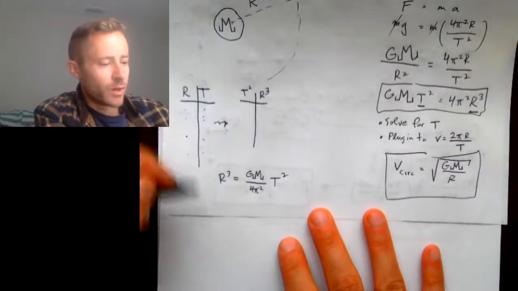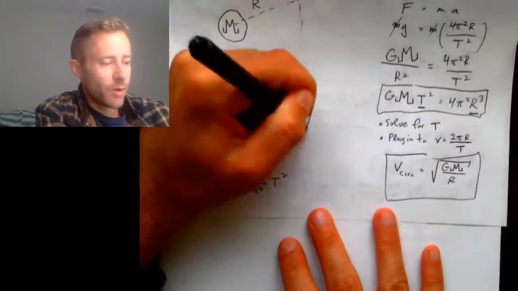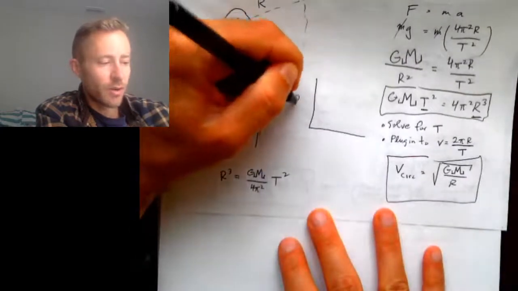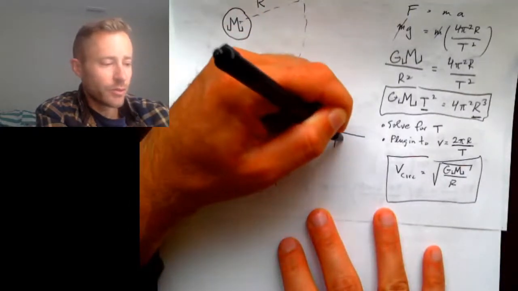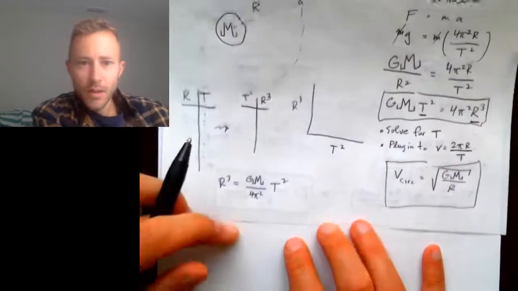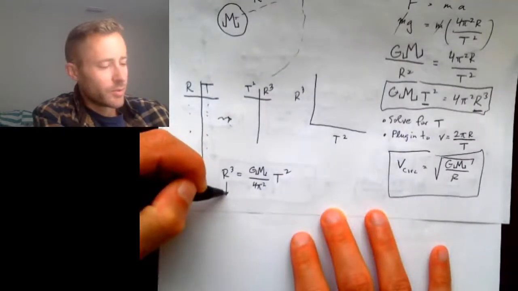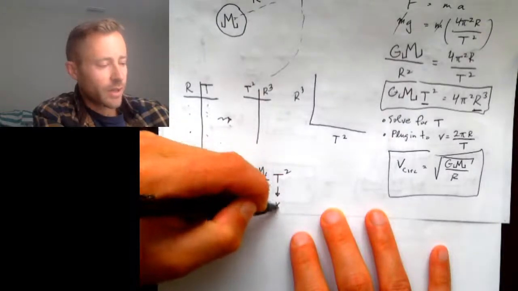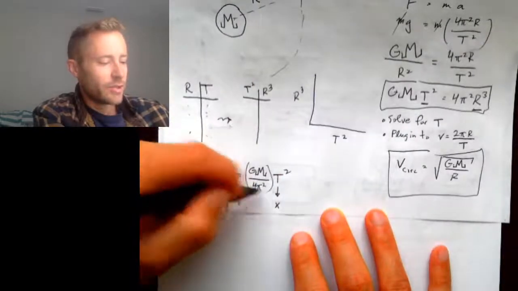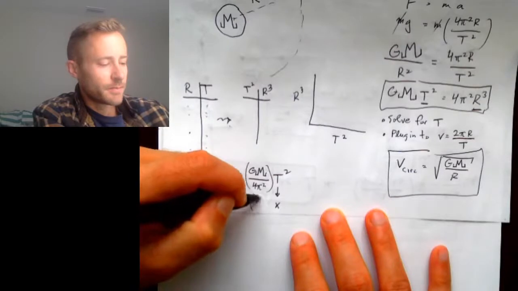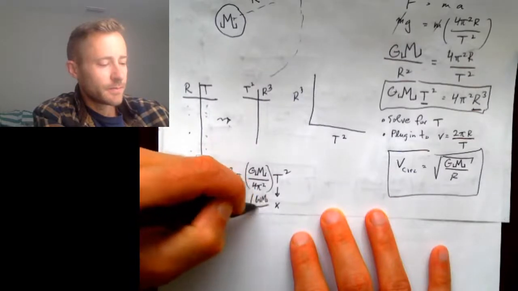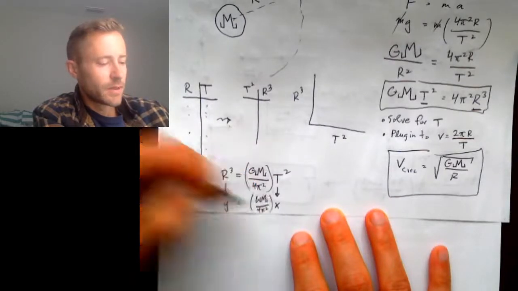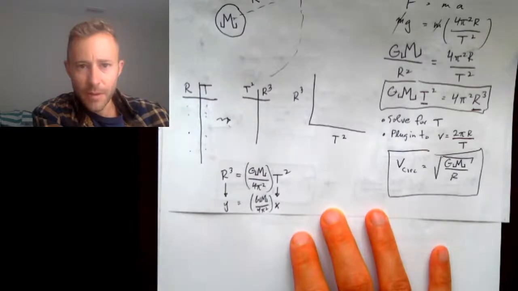So we wouldn't want to graph r versus period. We want to graph r cubed versus period squared. And then we can see that r cubed is like y, period squared is like x, and G M over 4 pi squared is like the slope.